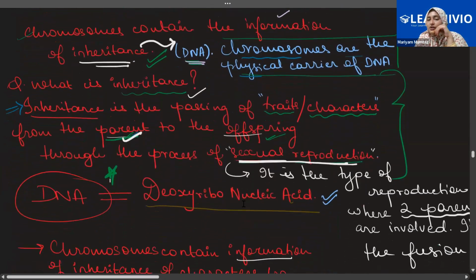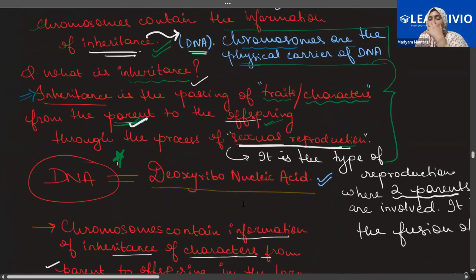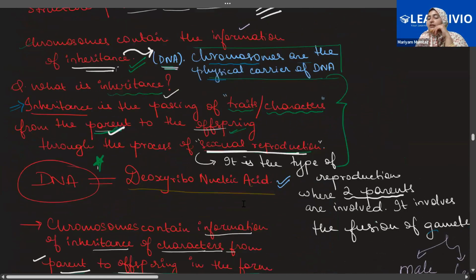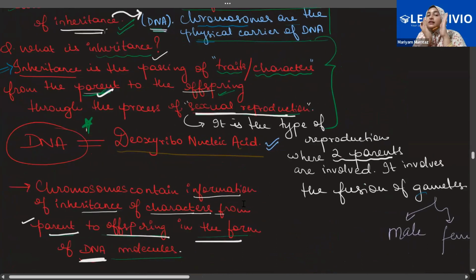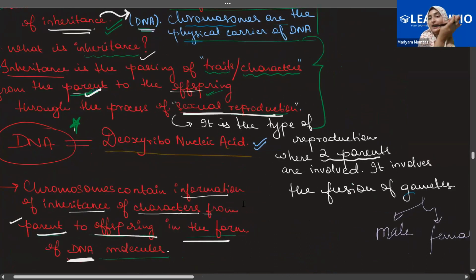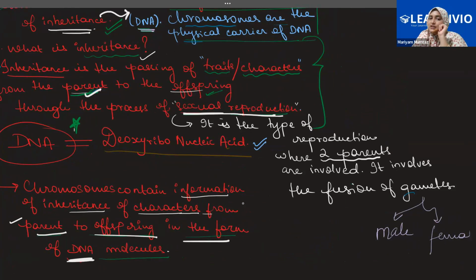This type of reproduction wherein two parents are involved and fusion of male and female gametes takes place. So in that case, the DNA gets from the parents to the offspring. And this is what we call the inheritance process. And DNA is extremely important for inheritance. And chromosome is also very important. And the DNA stands for deoxyribonucleic acid.